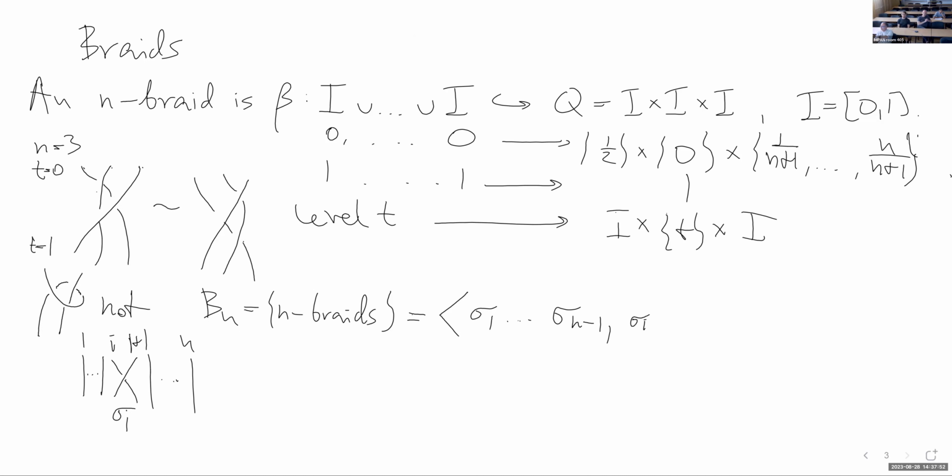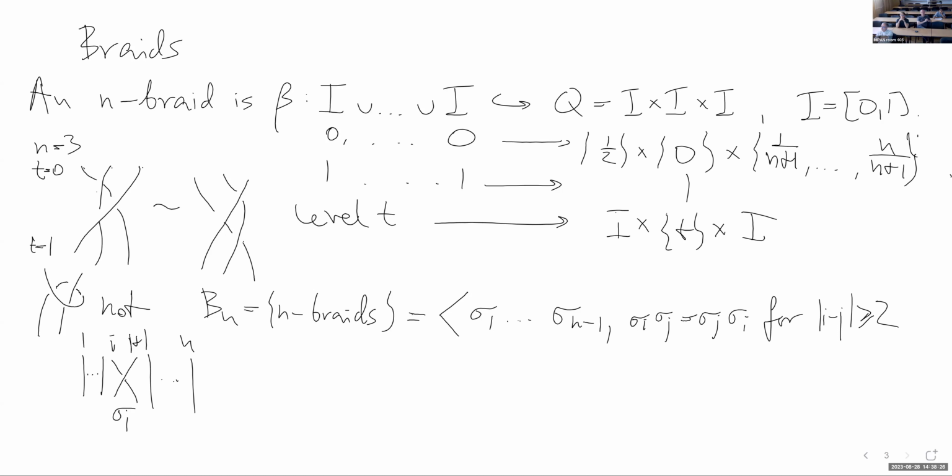Sigma i and sigma j commute with each other when i and j are at least 2 apart. I think that's straightforward. So this crossing and the crossing between i plus 2 and i plus 3 will be unrelated to each other. They commute with each other.